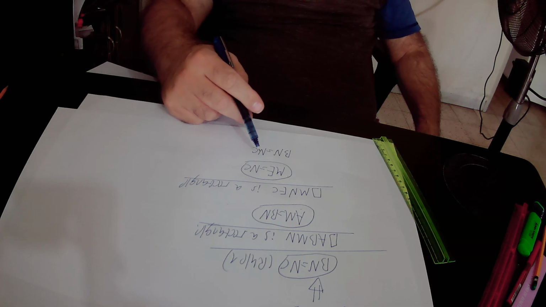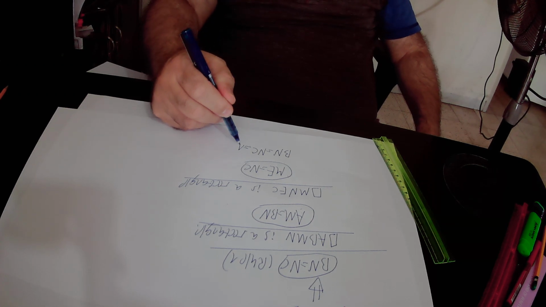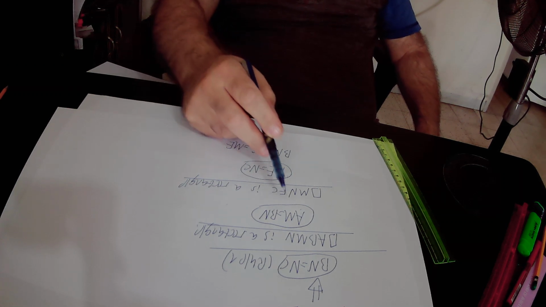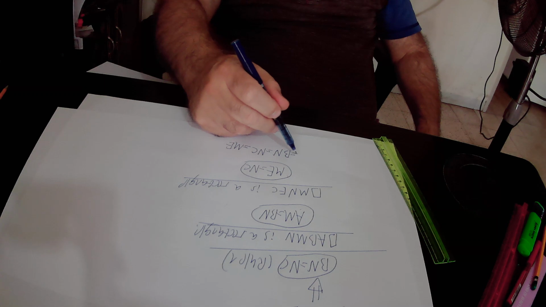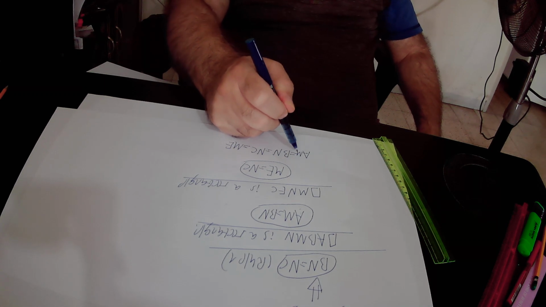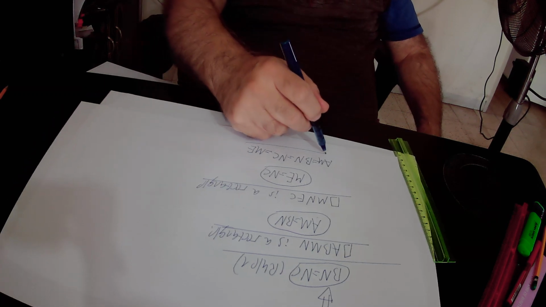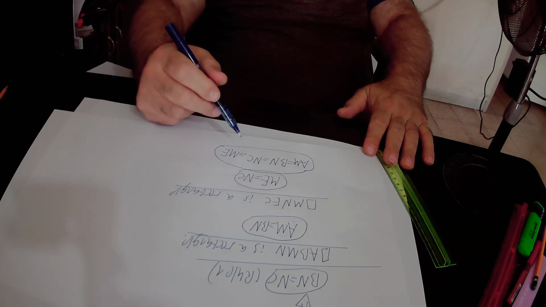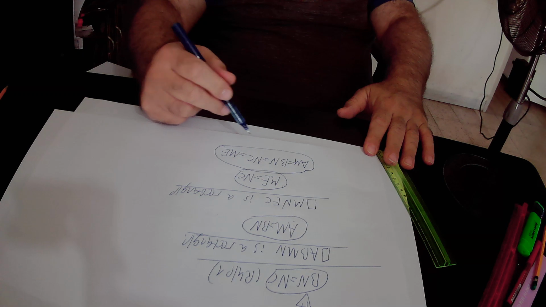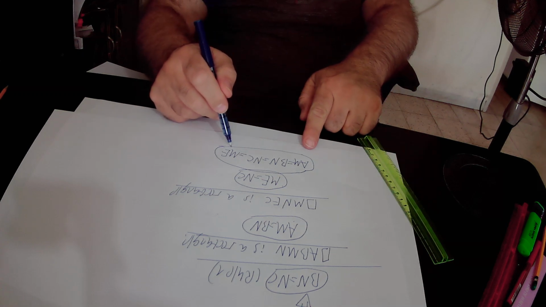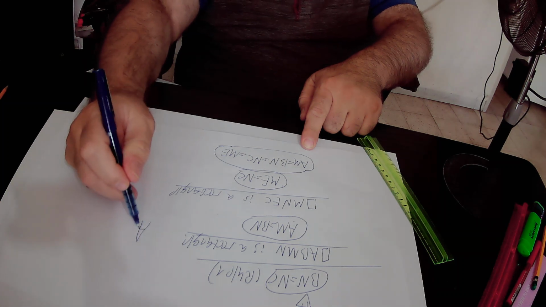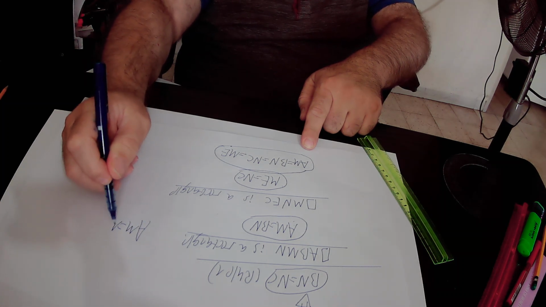So we can write here that NC equals ME. And we also found out that BN equals AM. So we can write here that BN equals AM. So from this long equation, AM equals BN equals NC equals ME, we will derive that AM equals ME.